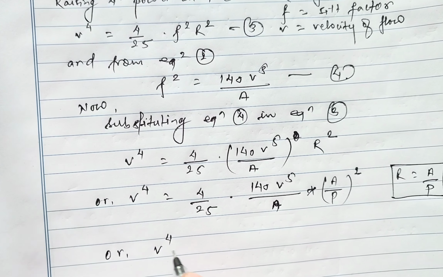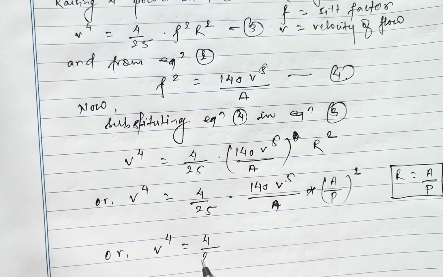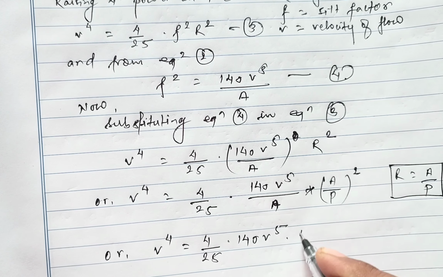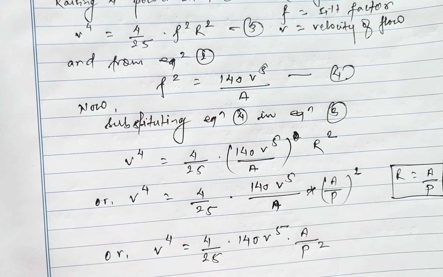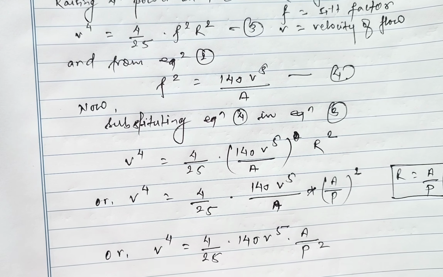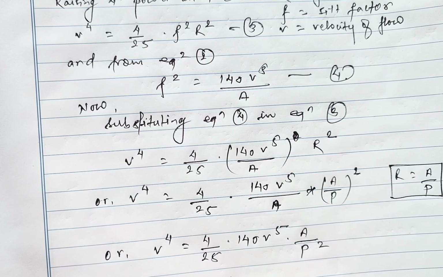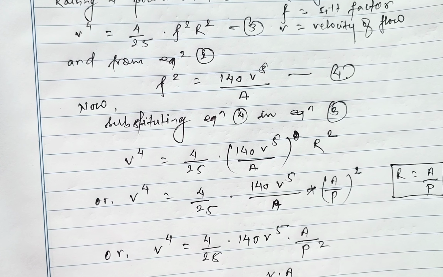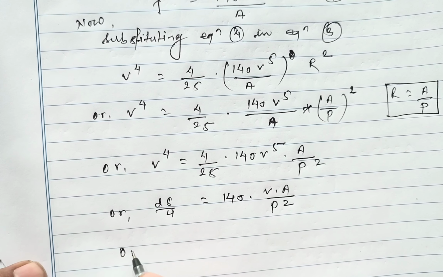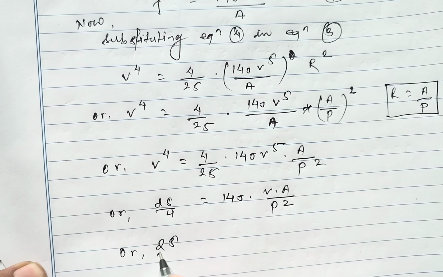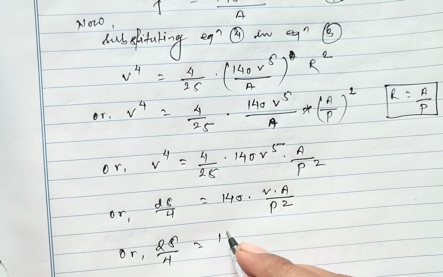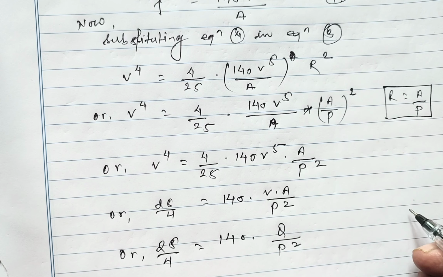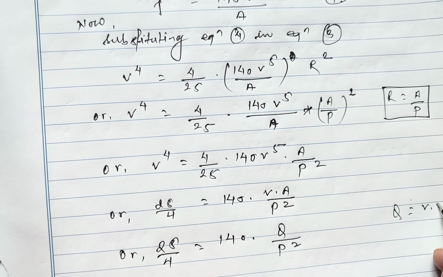or P power 4 equals 4 divided by 25 dot 140 P power 5 dot A by P square, or 25 by 4 equals 140 dot V A by P square, or 25 by 4 equals 140 dot Q by P square, where Q equals discharge.